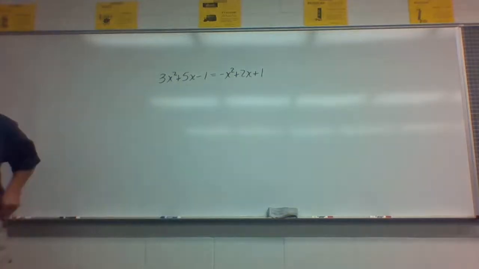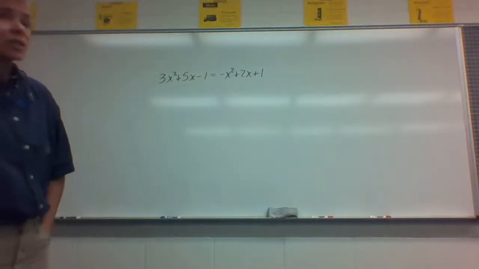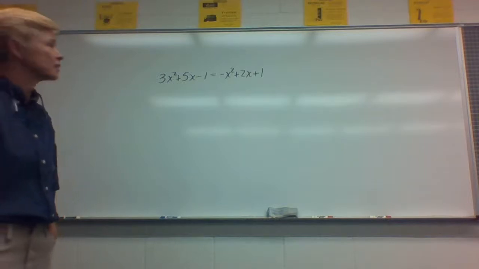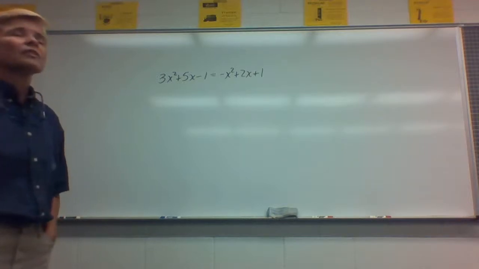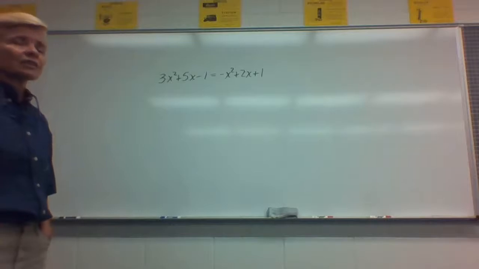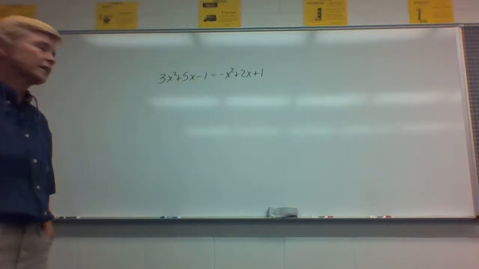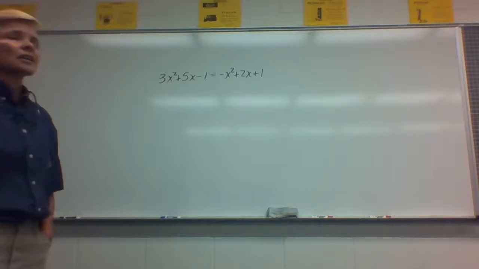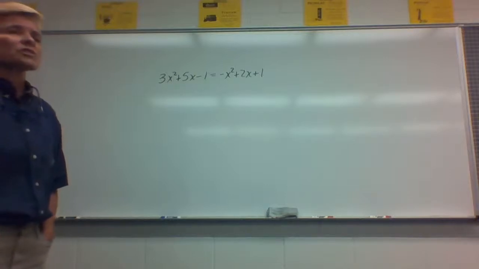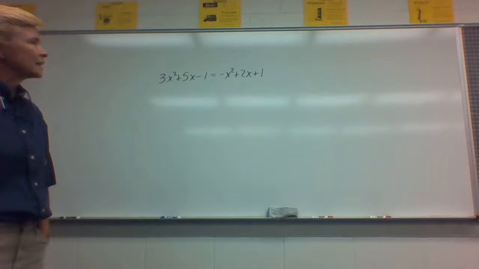Okay, you got to listen up here. Pay attention, sit up and watch what's happening because this is different. Notice that I don't have 2 equations that have x's and y's in them that are separate. This is not a system. This is a single equation. One equation. But we're going to use systems solving to find the solution.